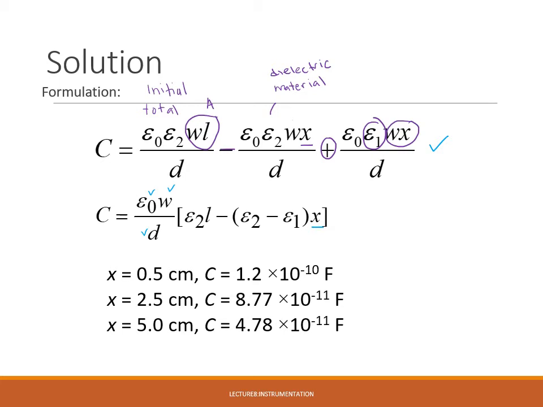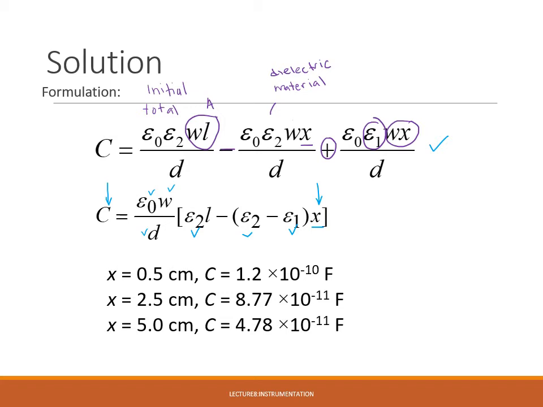And we have to include epsilon 2 and epsilon 1 here. So now we have an equation that is able to relate displacement to the change of capacitance, because all other parameters are constant. Only x is changing.